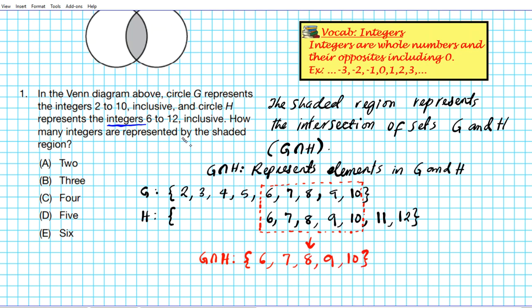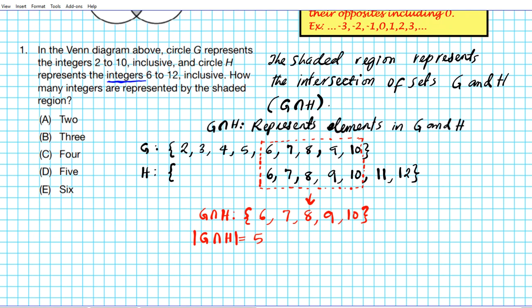The problem asks for how many integers are in the shaded region, or in the region of intersection. The word for the number of elements in a set is the cardinality, and the notation for that is the absolute value bars. So the cardinality of G intersect H, or the number of elements in G intersect H, is 1, 2, 3, 4, 5. All right, so let's go ahead and write down our final answer.